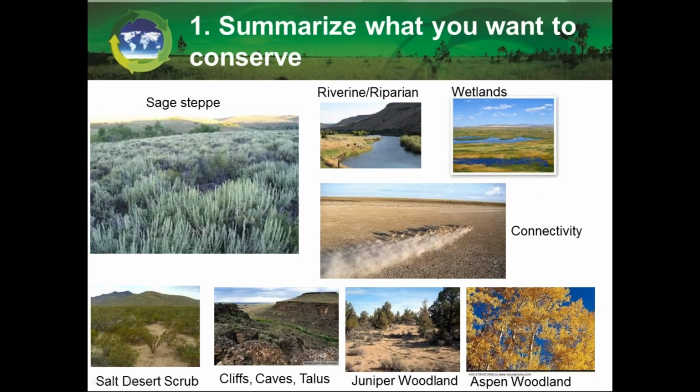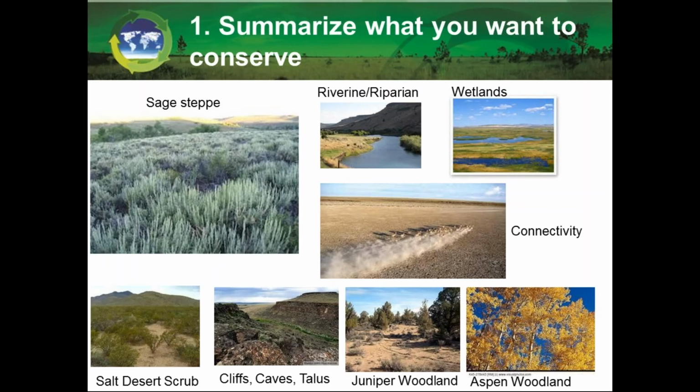Then salt desert scrub, particularly in the southern end of the region, cliffs, caves, and talus, juniper woodlands, and aspen woodlands. Based upon our quick look at the literature and outreach to experts, these 8 conservation targets are pretty good representatives. If we want to look across the whole ecoregion, these are a pretty good classification of those coarse filter things that we want to protect.